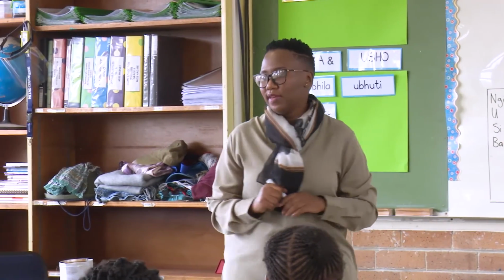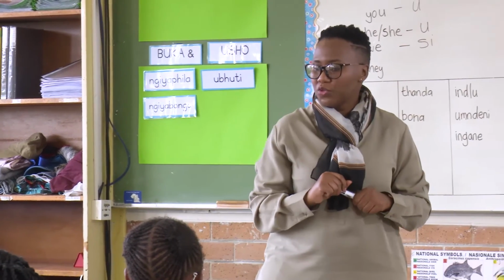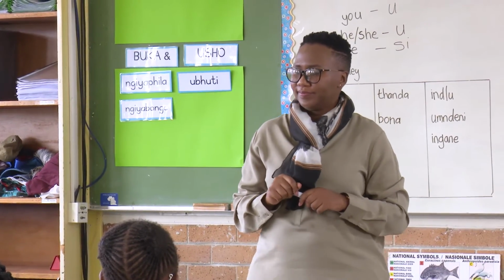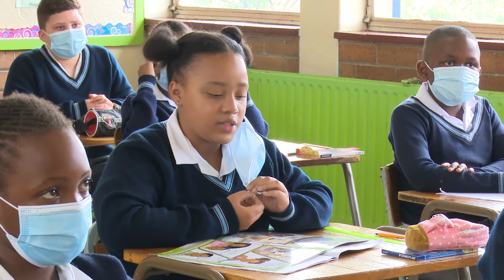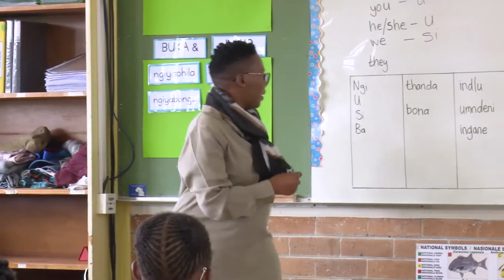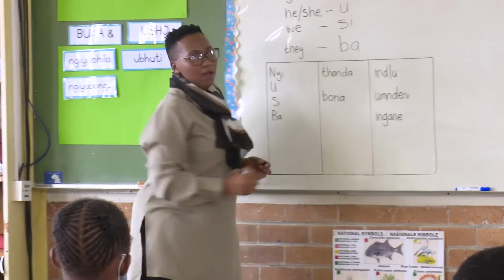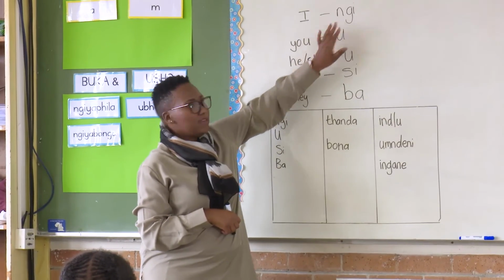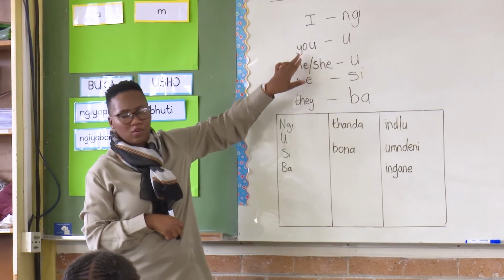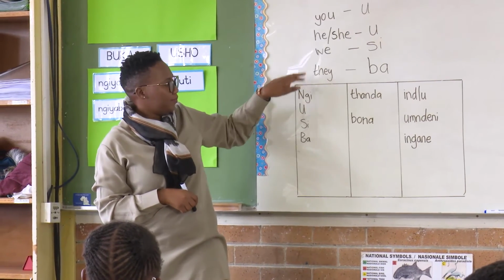They live in their home. So I want CN, if you can look in your story and see if you can find it. Bahala emzini. So it's ba. Okay, so you think it's ba. That's correct. So they is ba. Okay, so I is ngi, you, he or she, we, and they.